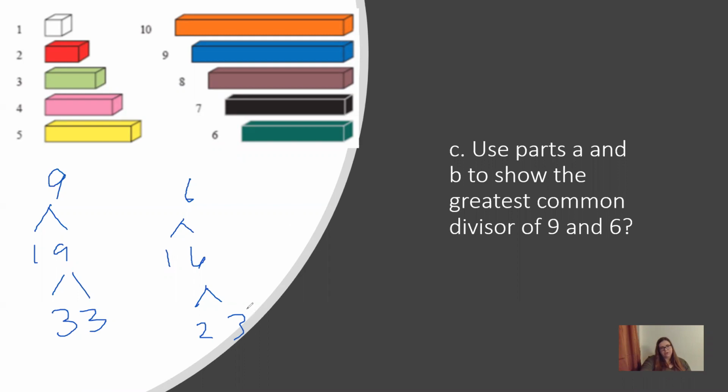So the shared factors are 1 and 3. So out of 1 and 3, 3 is the greatest common factor or greatest common divisor. That's how you do that one.